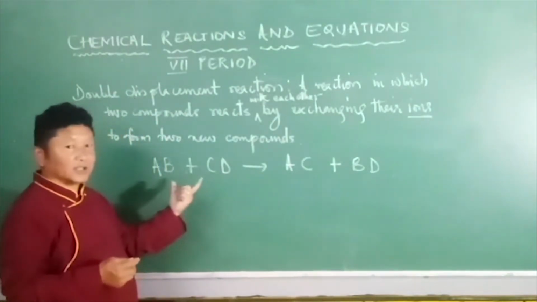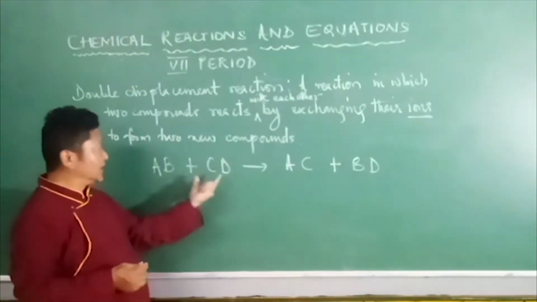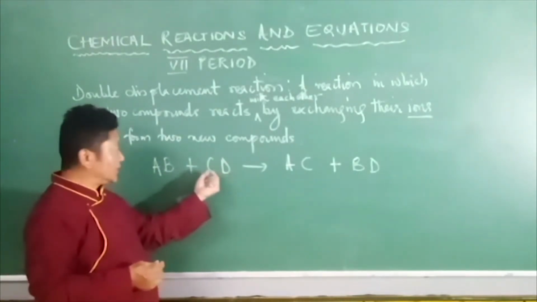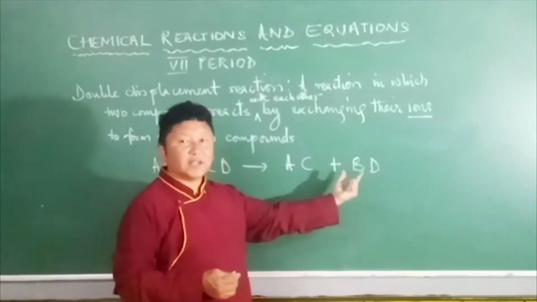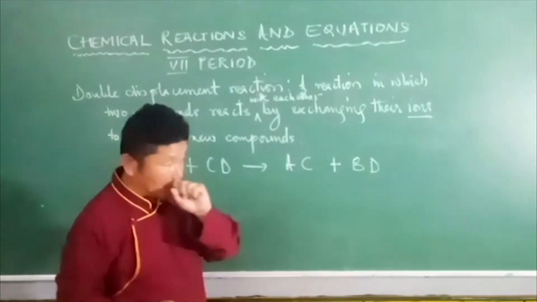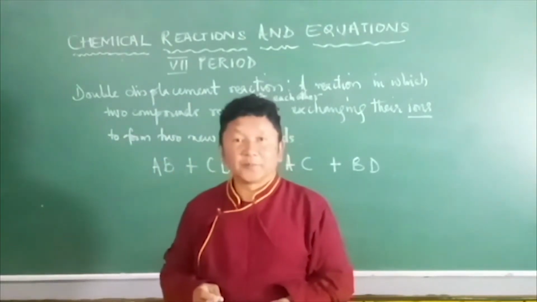AB has ions and CD has ions, and after the ion exchange, new compounds AC and BD are formed. Such a type of reaction is called a double displacement reaction.